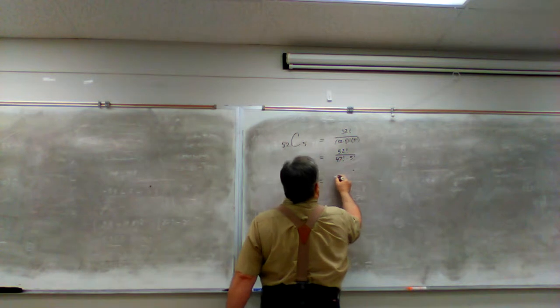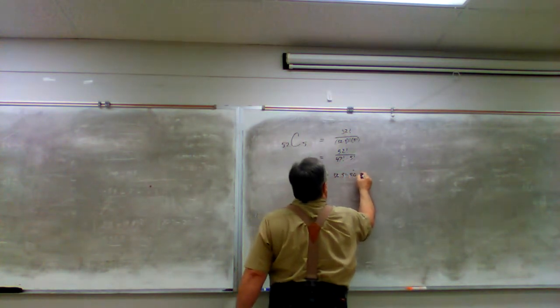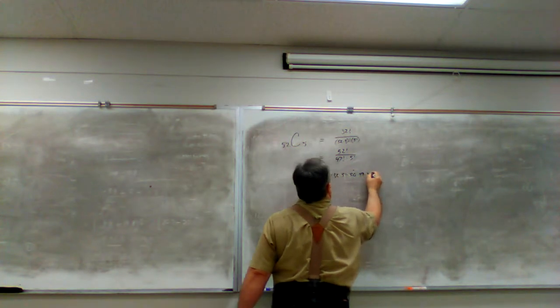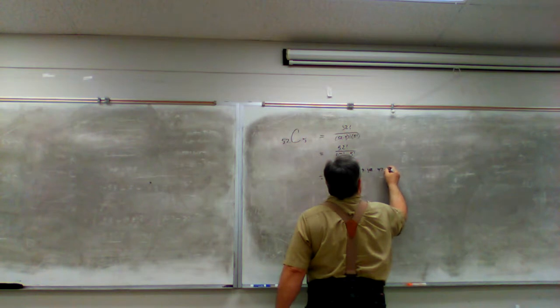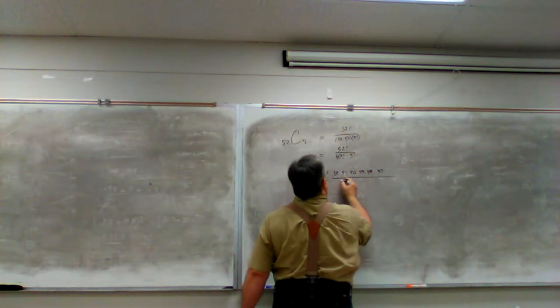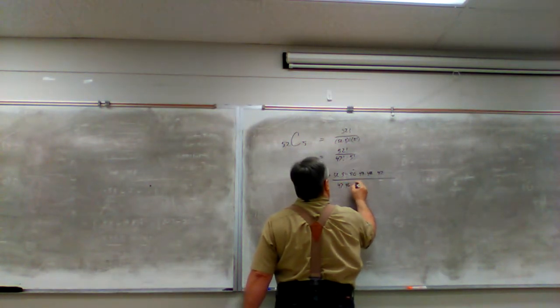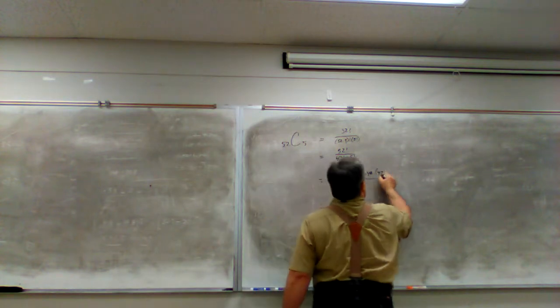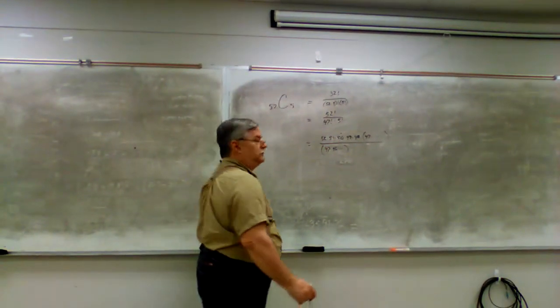We can take a shortcut here. We go 52 times 51 times 50 times 49 times 48 times 47 times ellipsis, divided by 47 times 46 times ellipsis. Those two cancel out. See what I did?